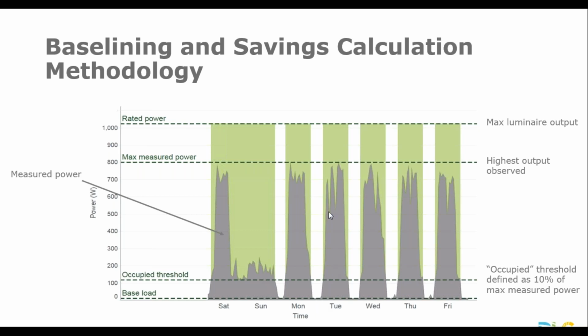On Tuesday morning, it starts up again. You can see that's fairly consistent throughout the week. There is some variation on Sunday, where you don't see power actually going off at all between Saturday and Sunday, so something's going on there.